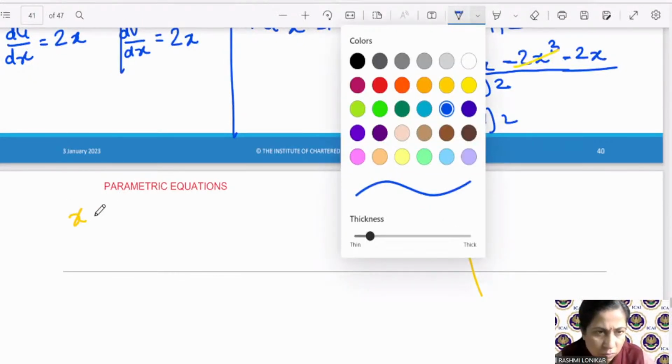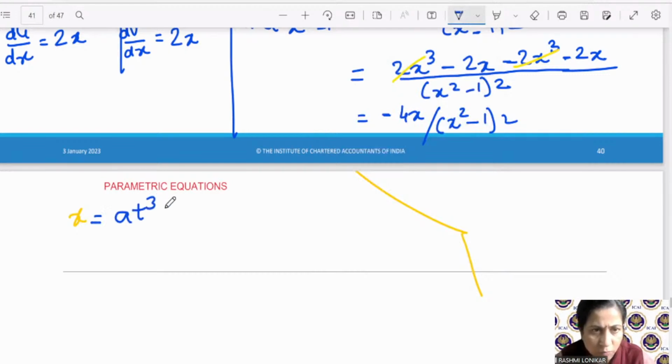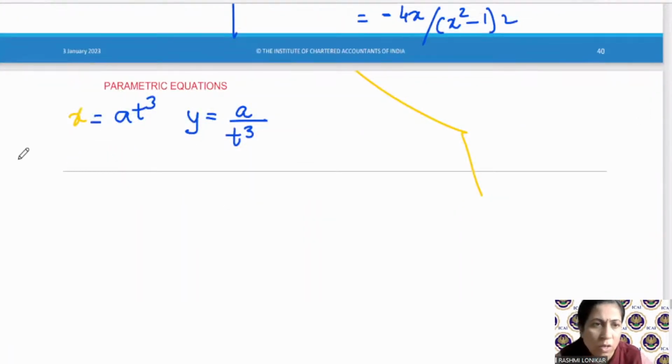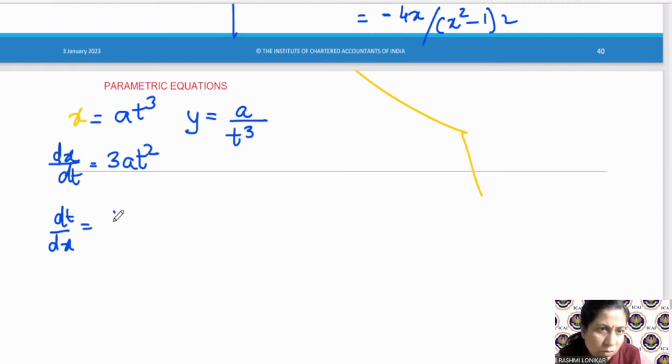x is equal to a t cube, y is equal to a upon t cube. These are the two parametric equations given to you, so I find dx by dt. dx by dt is 3a t square, so dt by dx is equal to 1 upon 3a t square.